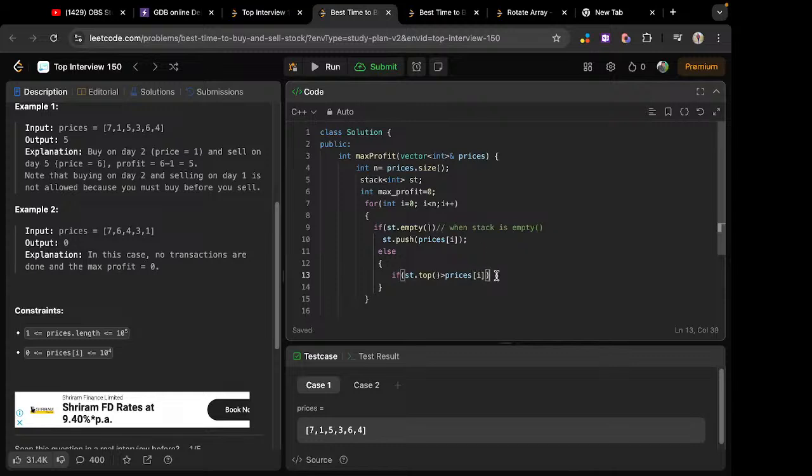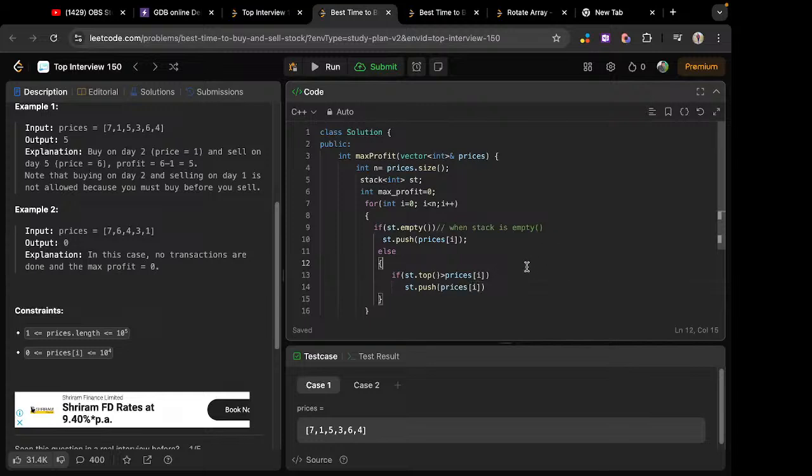Then we don't have to calculate the profit, we should easily add it to the stack: st.push(prices[i]).